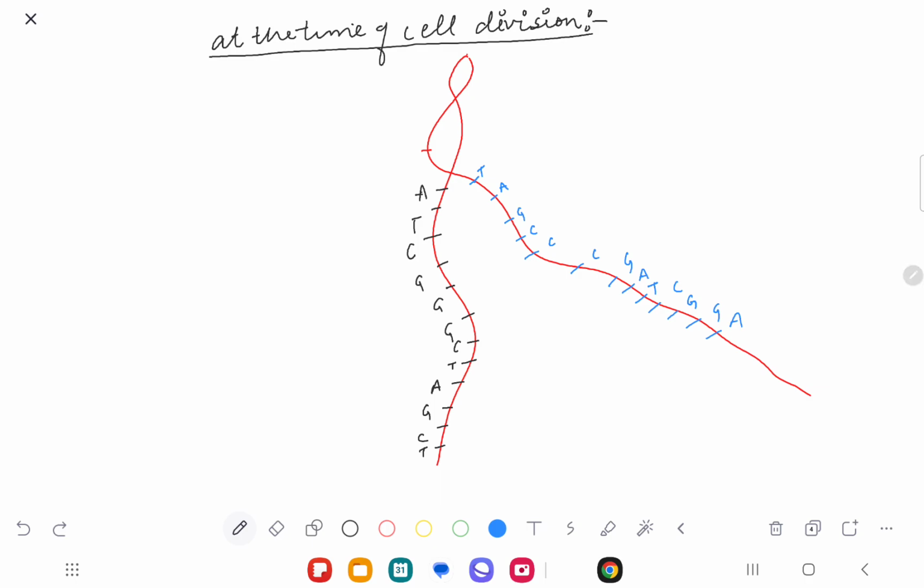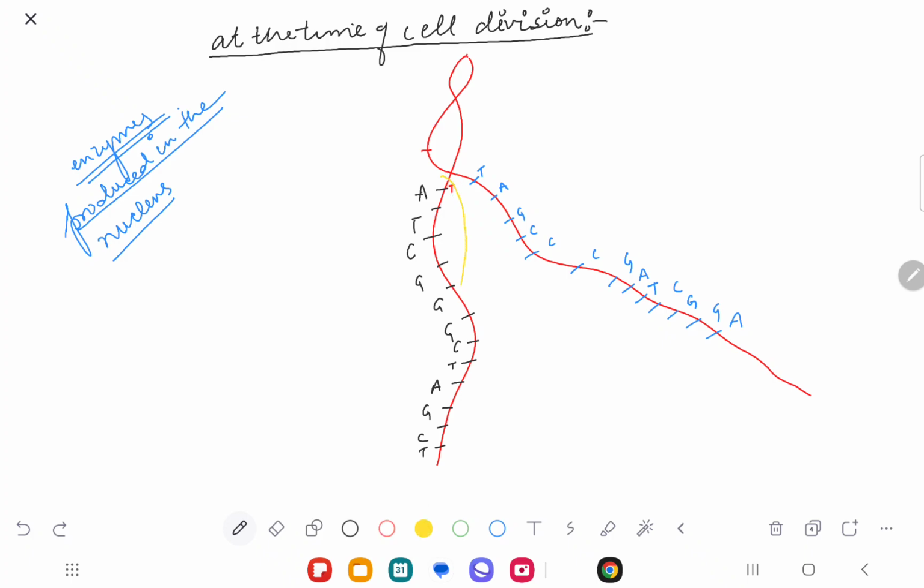Just tell me. So it says at the time of cell division, definitely, this reopens. And now a new duplicate of it is formed. I hope you're understanding. So a new chain is produced, because of all the enzymes being produced in the nucleus.